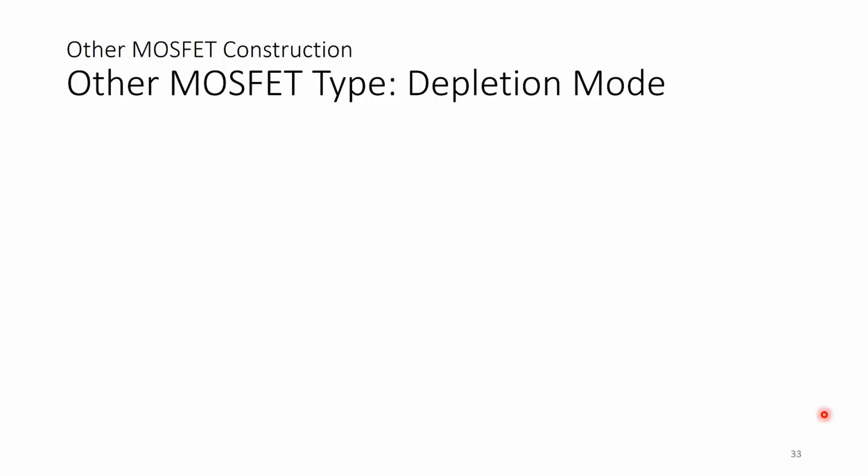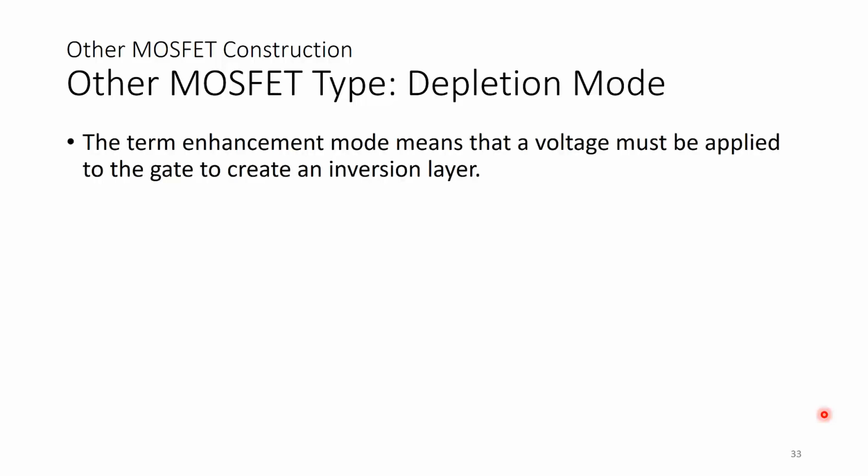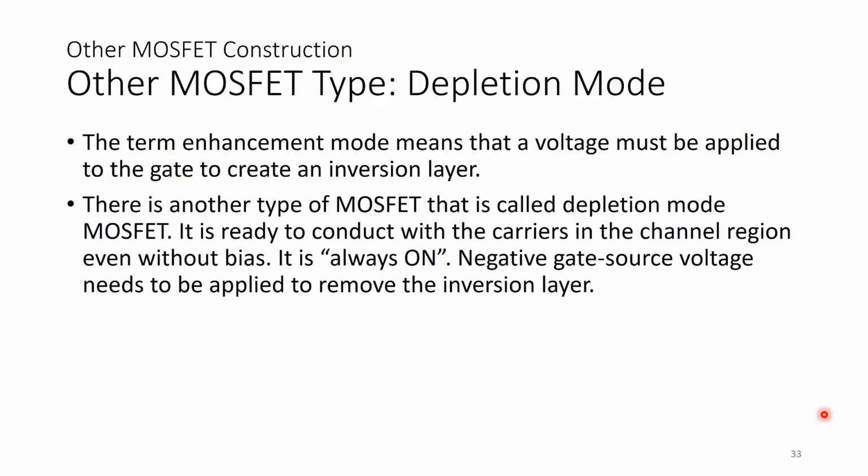Now, other MOSFET types, which we do not focus on so much in this course. One is the depletion mode. The term enhancement mode means that a voltage must be applied to the gate to create an inversion layer. But there is another type of MOSFET called the depletion mode MOSFET. In a depletion mode MOSFET, it is ready to conduct with carriers in the channel region even without bias. It is always on. So a negative gate source voltage needs to be applied to remove the inversion layer.